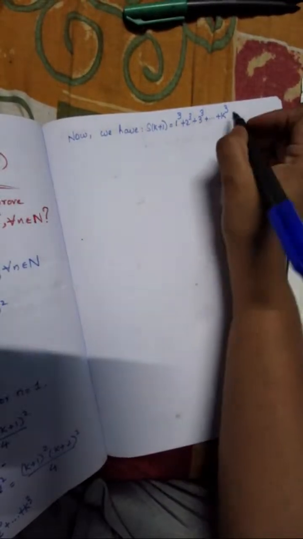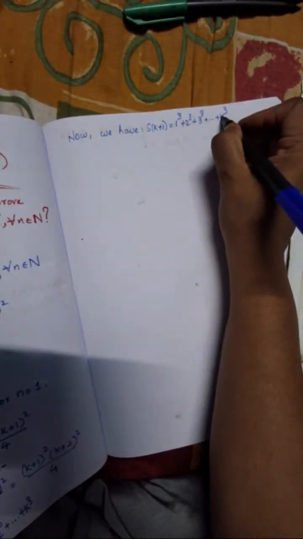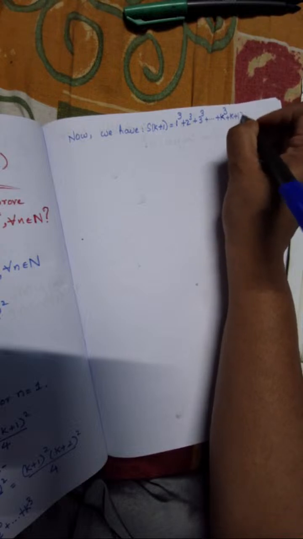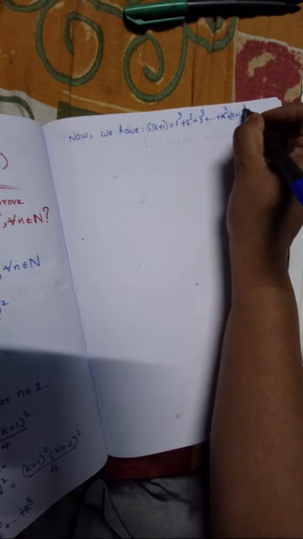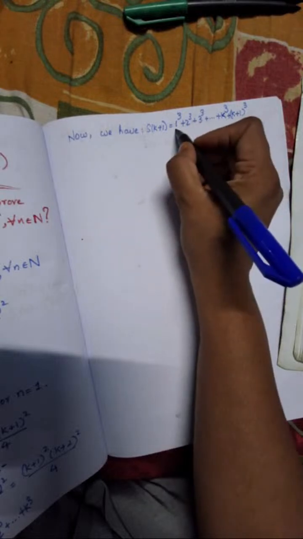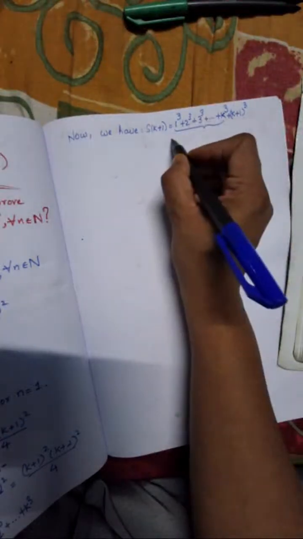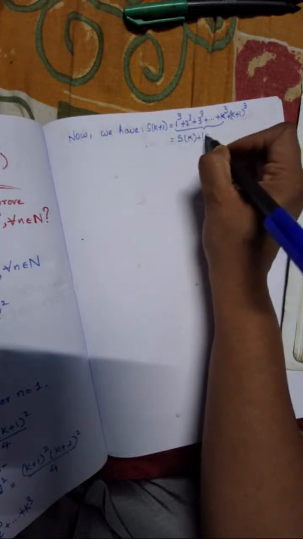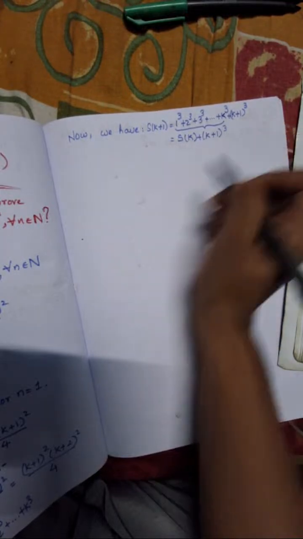Okay children, do you understand what we are doing here? In left side we have to write up to (k+1)³. This one is S(k), and this one as it is (k+1)³.